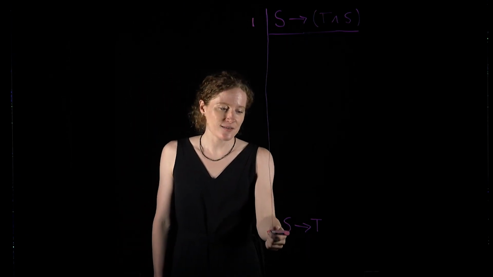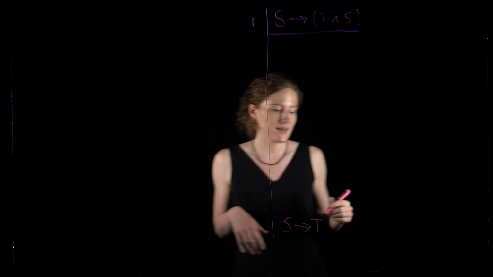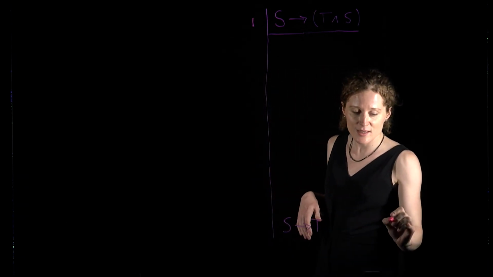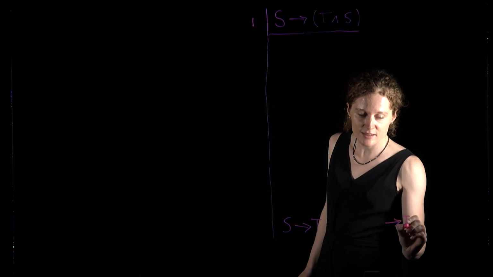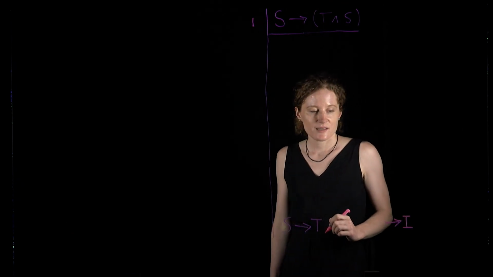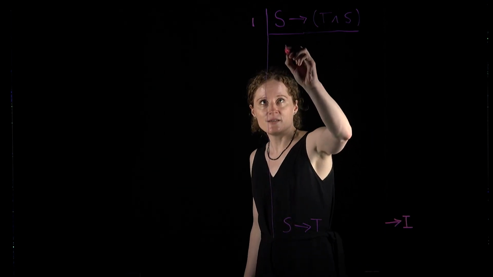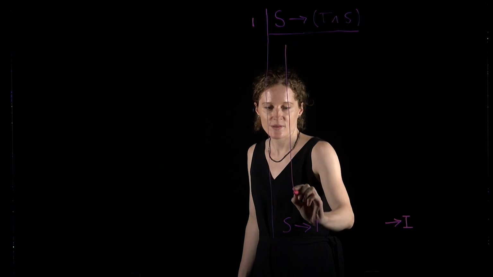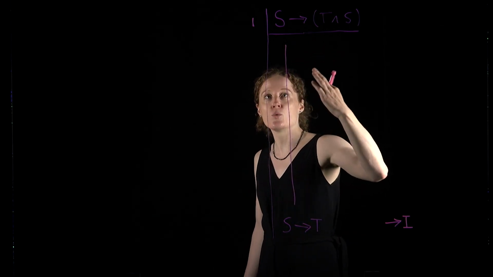Now I see that this conclusion is a conditional, if S then T, and that suggests to me that I may be able to infer it using conditional introduction. Now conditional introduction requires me to use a subproof. So let's just imagine, so to speak, I'm expressing a wish here.